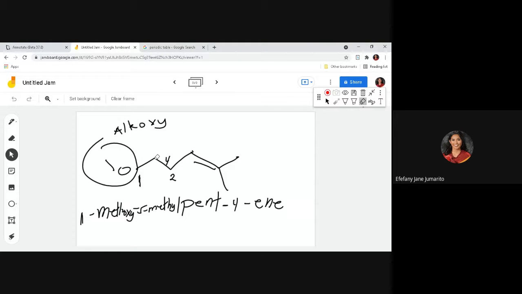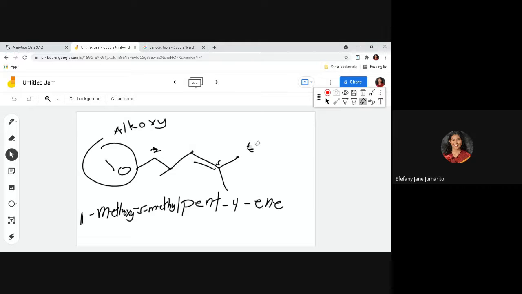Follow? Okay, so this is your 1-methoxy 5-methyl pent 4-ene. Oh, sorry.